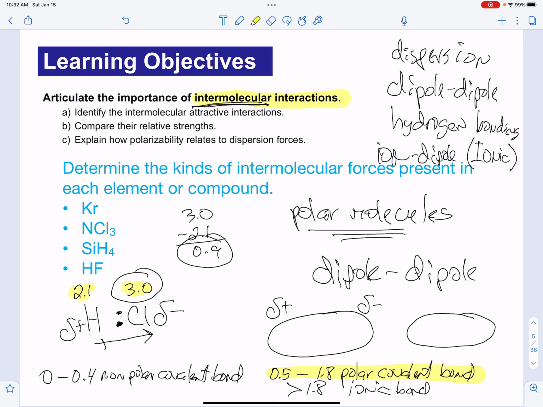Why a dipole? Because we have a negative pole and a positive pole, which means two poles, the same as the di for two poles. So to have dipole-dipole interactions, you're going to need two polar molecules present. So let me clear the screen a little bit.